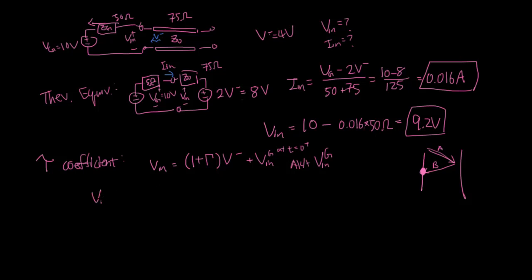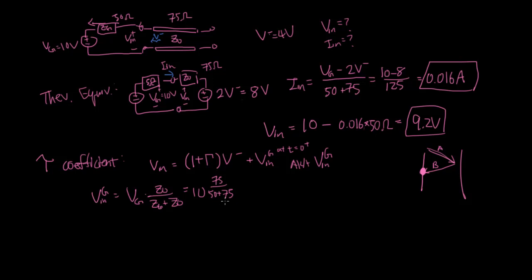This V in G is going to be the voltage divider between ZG and Z naught. So it's VG times Z naught over ZG plus Z naught, which is 10 times 75 over 50 plus 75.